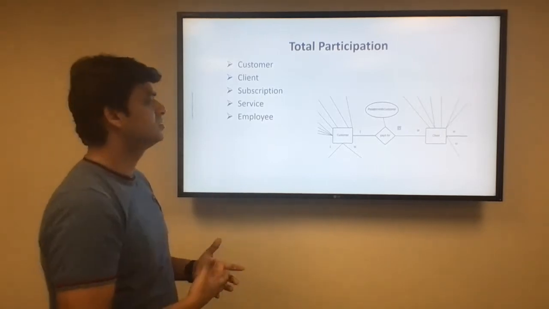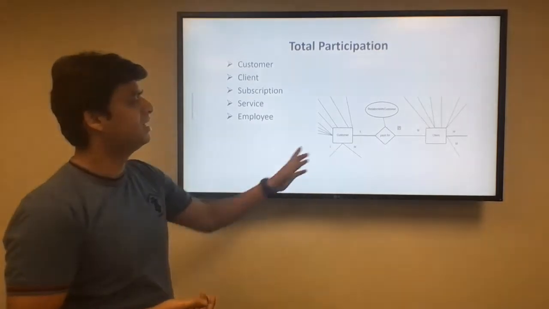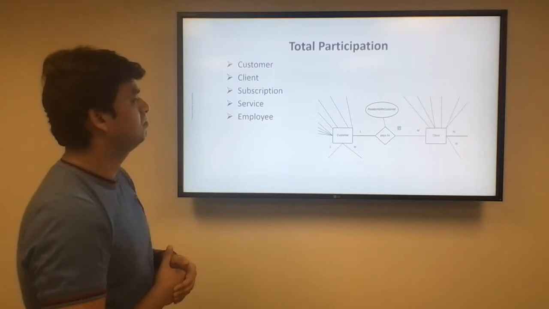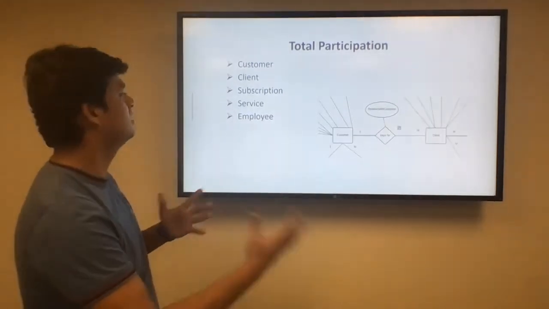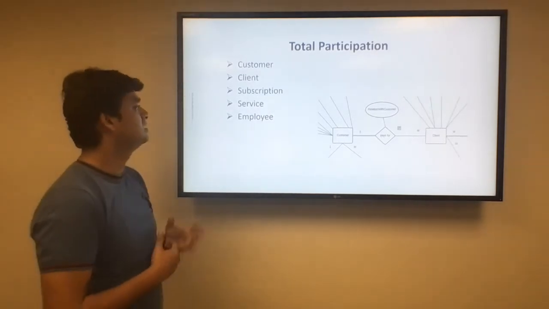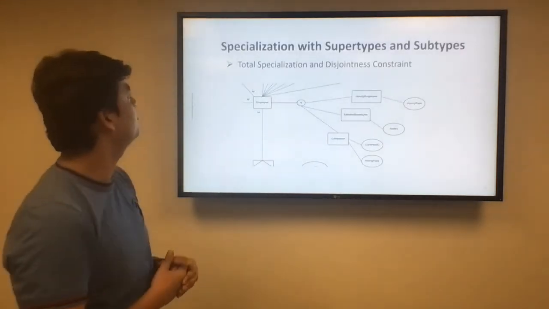A customer can exist only if he pays for the client, so that's where the client has total participation from his side in the relationship. And then we have the attribute relationship with customer just to track what relationship a customer has with the client. So total participation: customer, client, subscription, service, and employee. These are the total participations in our entity relation diagram.